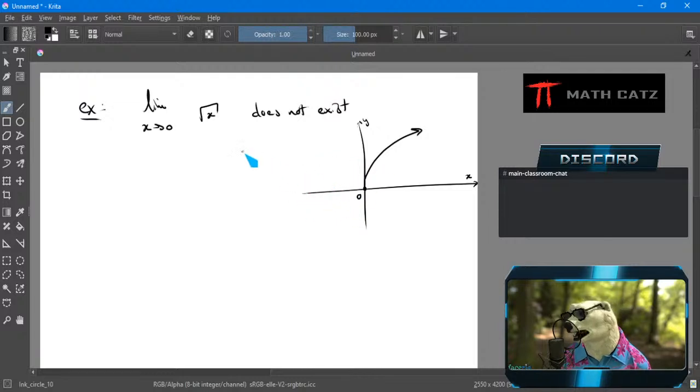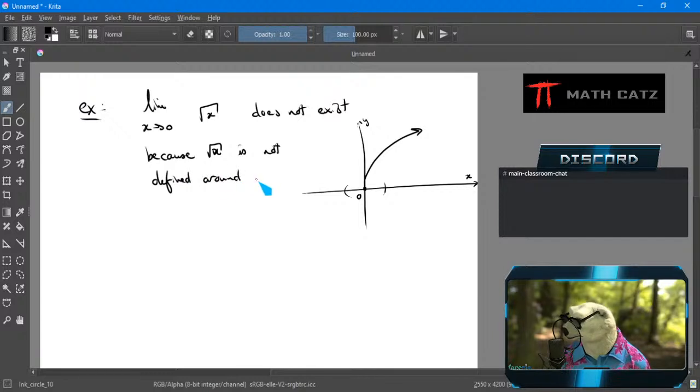If I'm right at the end of that, then I can't explore the behavior from both sides. The square root function is not defined on an interval containing x equal to 0. It doesn't matter how small, I need to be going around the point and explore its behavior.